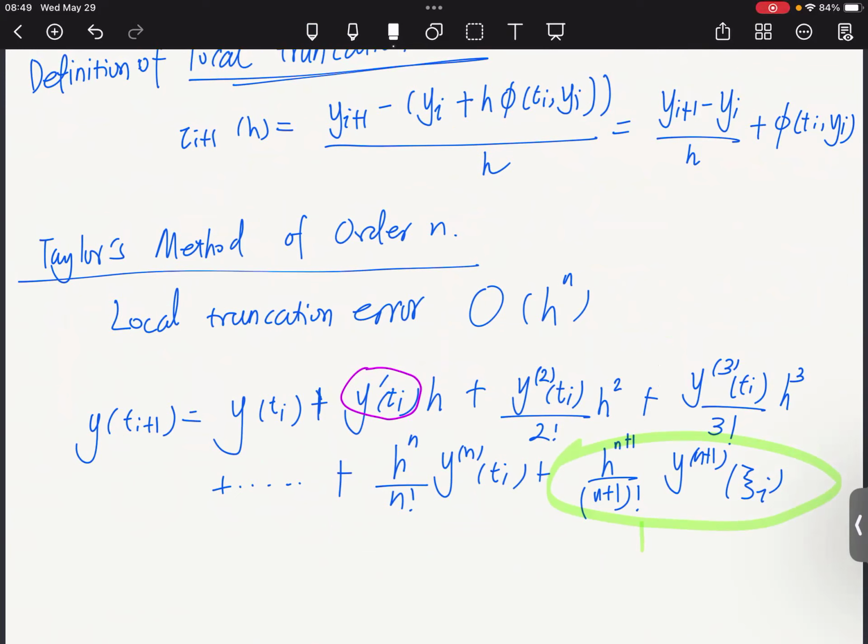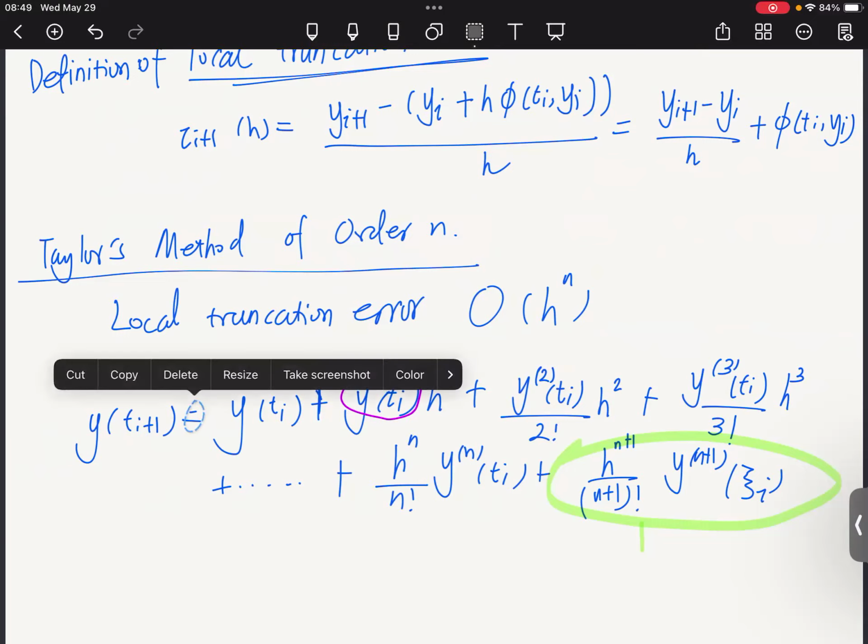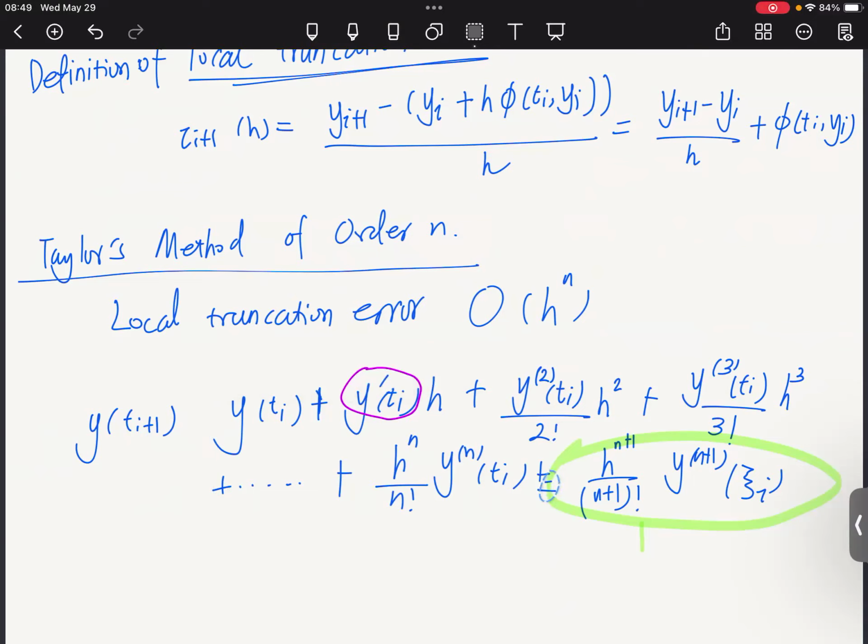So I'm going to move all the things to the left-hand side, and the equal sign is here, and all the other things are minus the whole thing here.